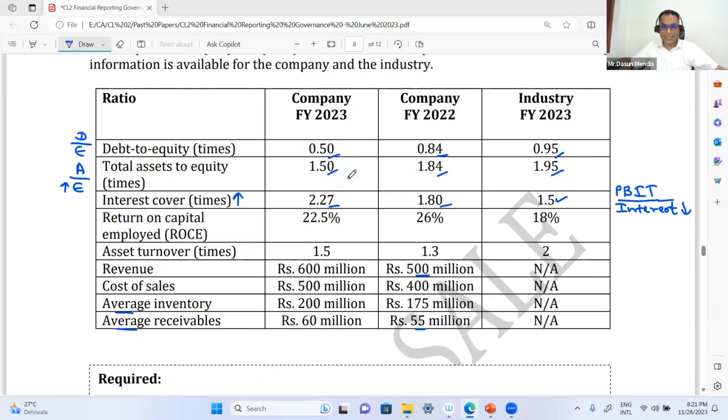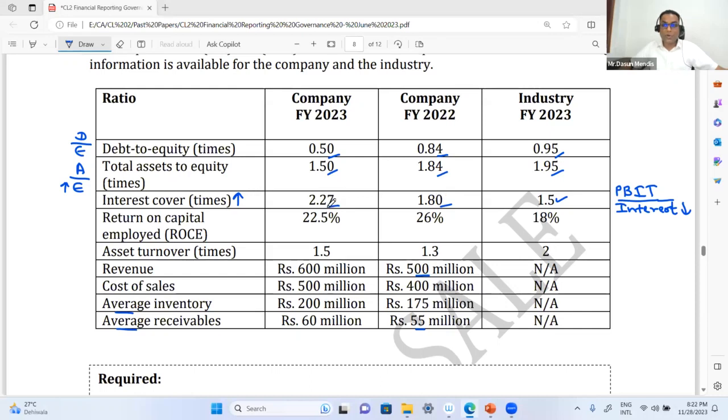As the gearing is low, the company results in a higher interest cover. What do you mean by interest cover? As mentioned, how many times the company can pay interest by using your operating profit, your profit before interest and tax. Last year it was only 1.8 times, that is year 2022.